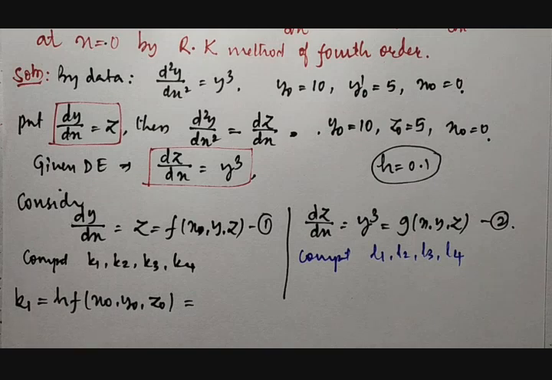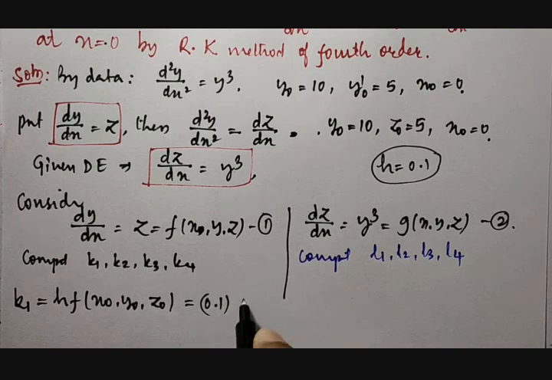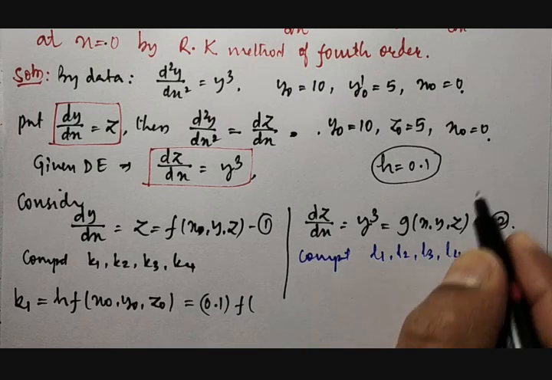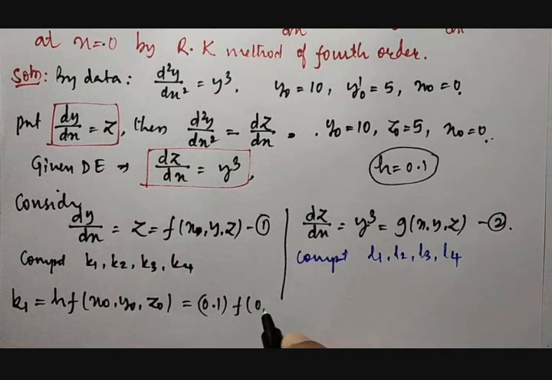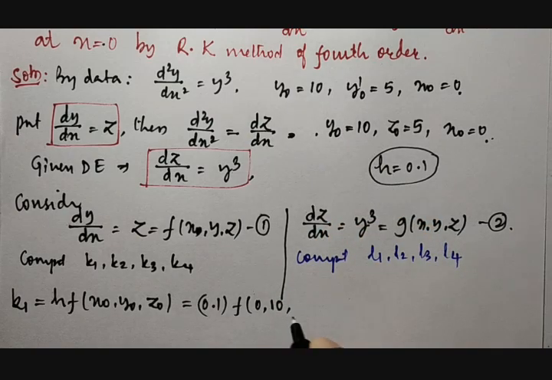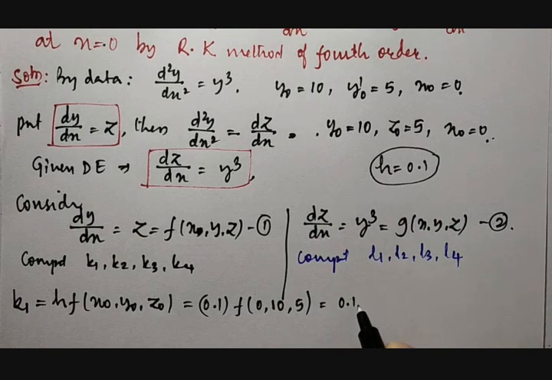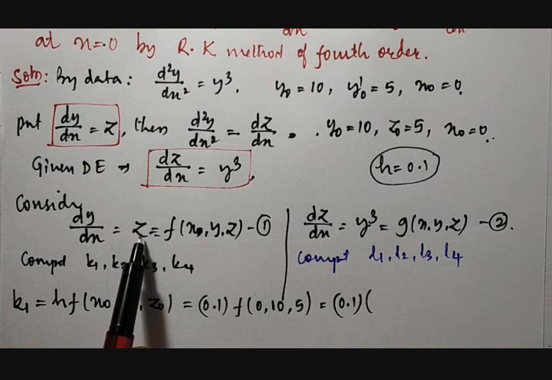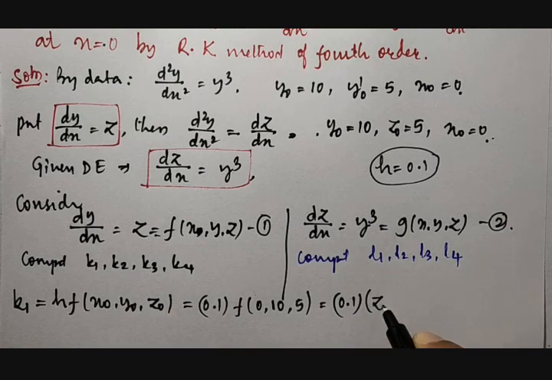That means h is 0.1, that into f of x naught is 0, y naught is 10, z naught which is 5. So 0.1 into the f function, which is having only z, so it is z naught.